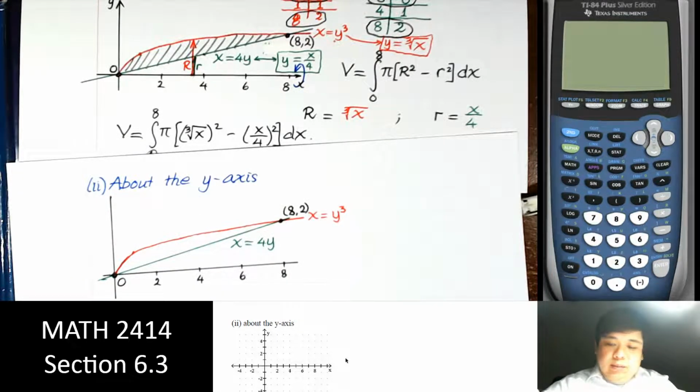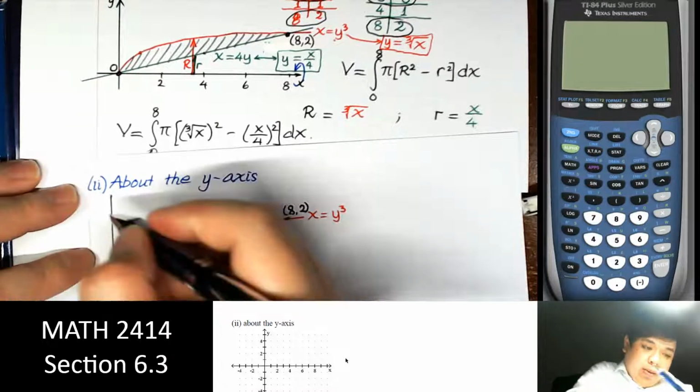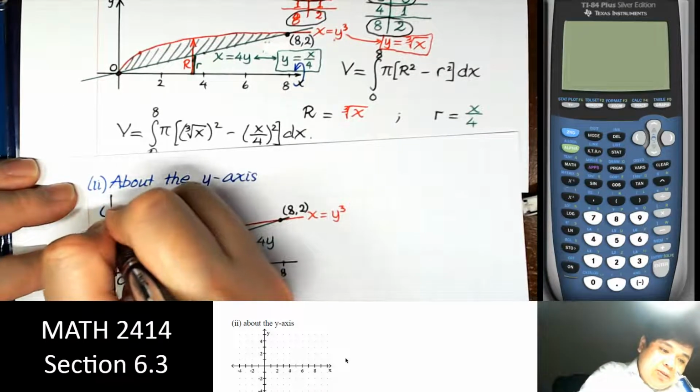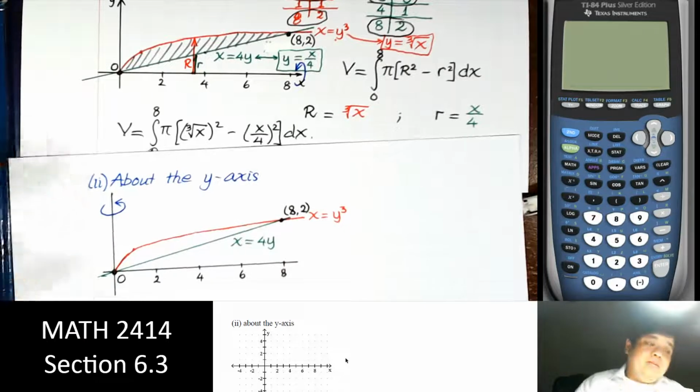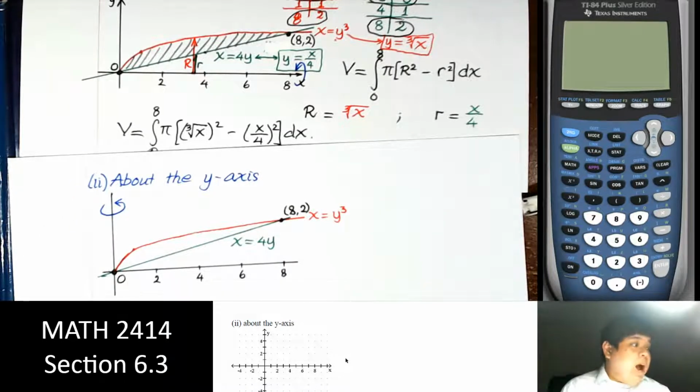Right. Now, this one is rotated about the y-axis. So if it rotates about the y-axis or any vertical axis, it's going to be dy. So we set up the integral with dy.